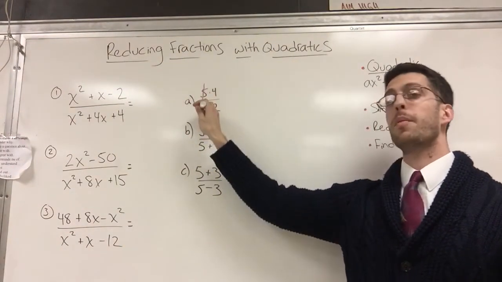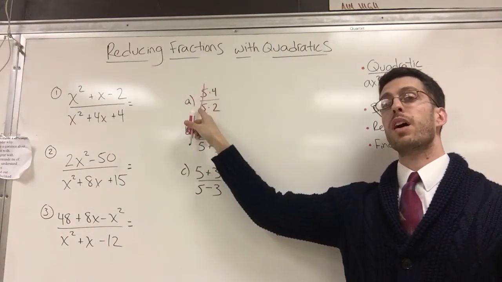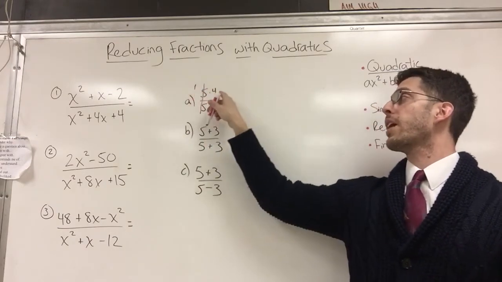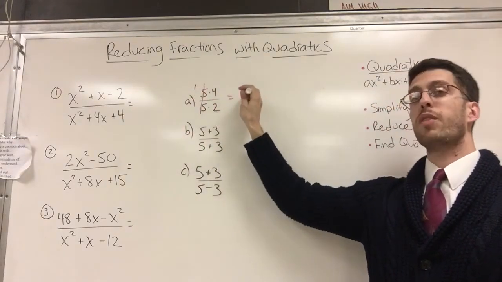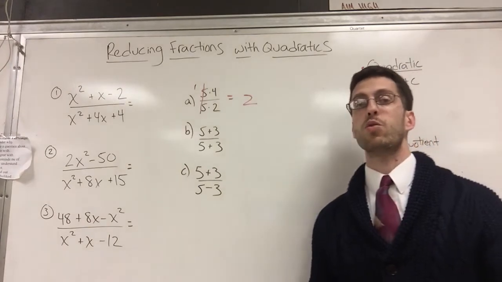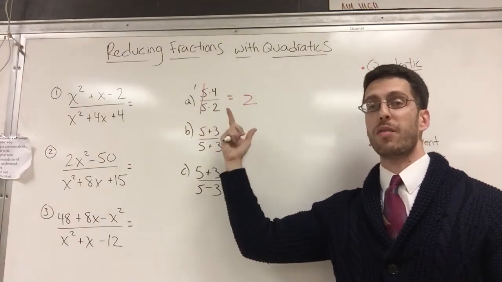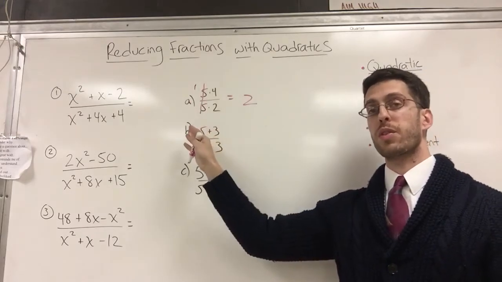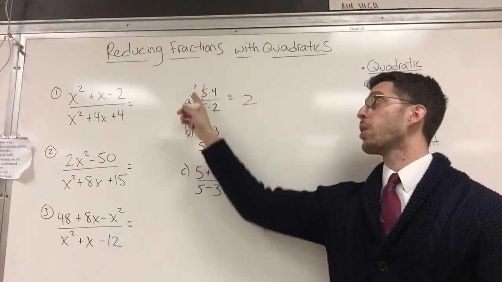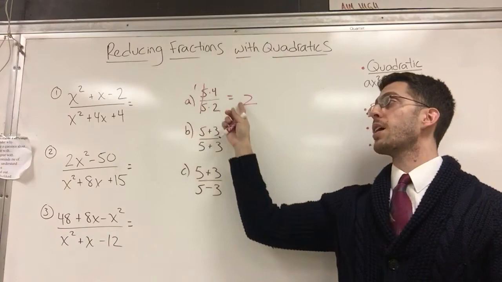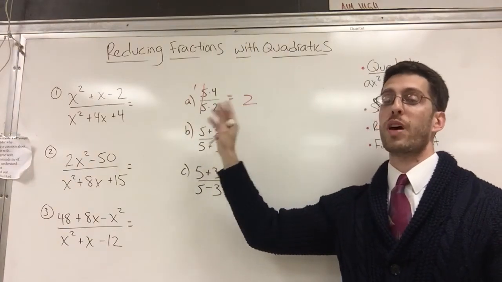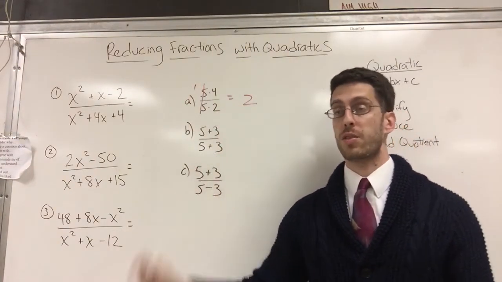I can cancel my common factors. 5 divided by 5 is 1. And then I have 4 divided by 2, and 4 divided by 2 is 2. So I get my answer 2 right away. Don't have to do it the long way by multiplying it out, and then dividing. You cancel common factors first. Oh, but Professor Noy, what about the 1? Well, 1 times 2 is still 2. So that 1 doesn't affect the final answer.